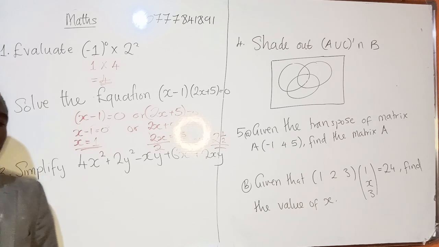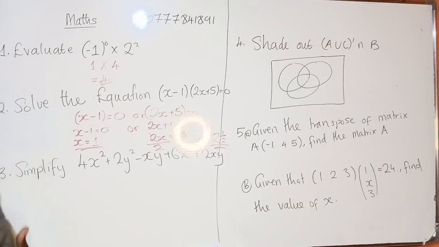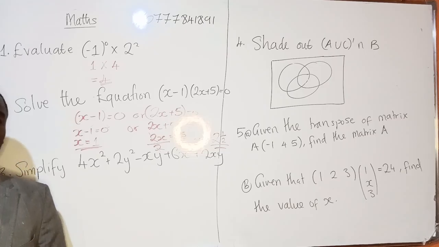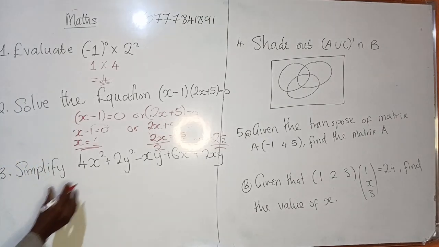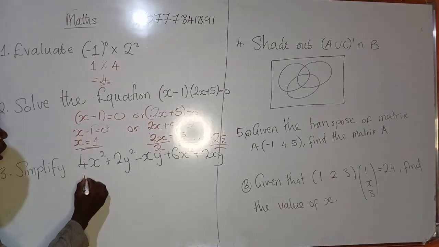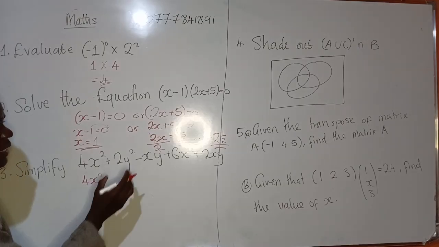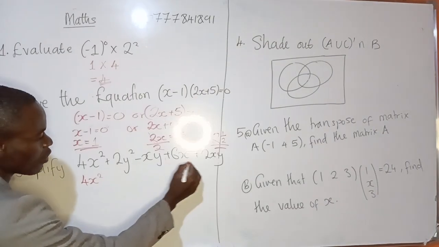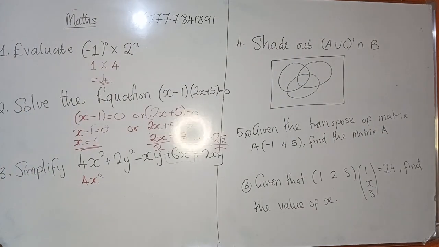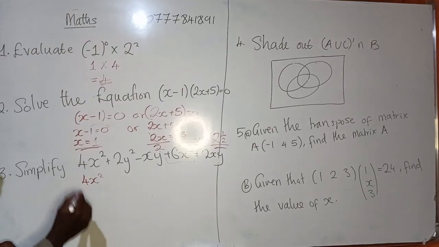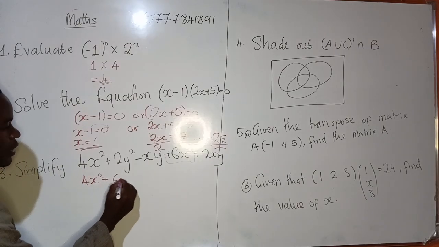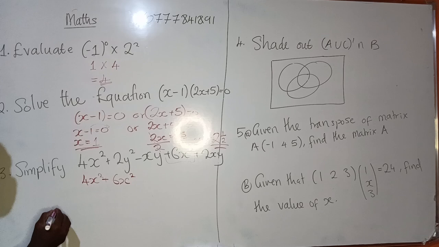When you are told to simplify, you are just making the terms into simpler terms. So here we have 4x squared. Which other term has x squared? It is this one. You collect it together with its sign, so we have positive 6x squared.